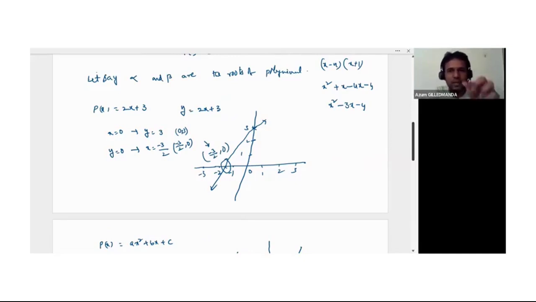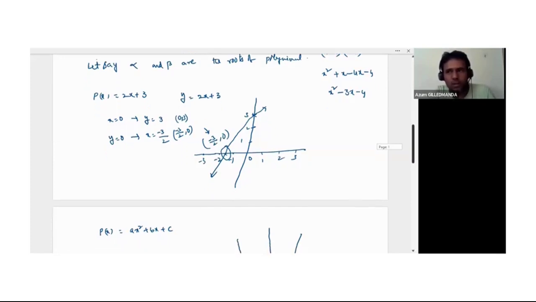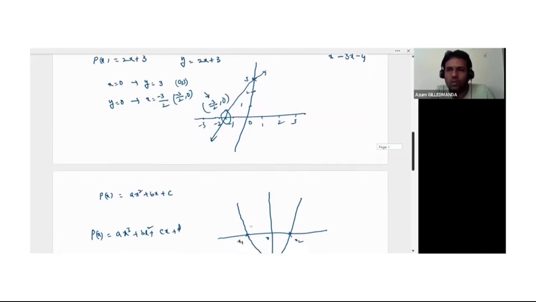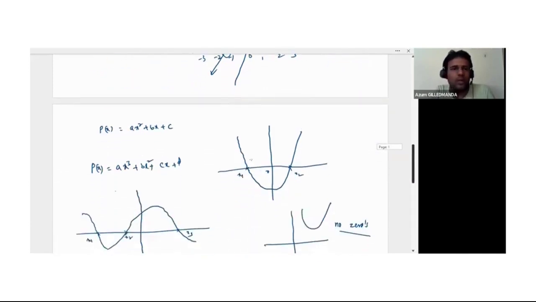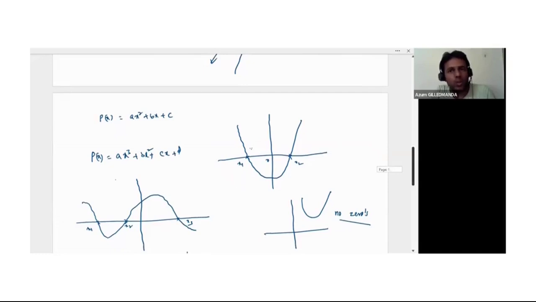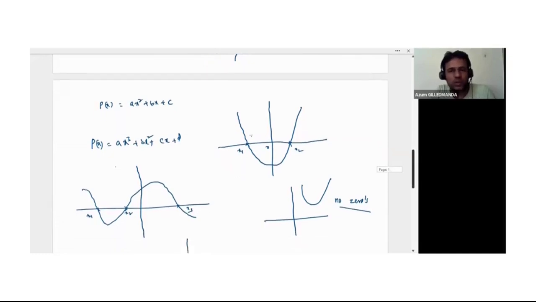If you draw the graph, the number of points at which the polynomial touches the x-axis gives the zeros of the polynomial. If we draw this for 2x plus 3, it is touching at 1 point, so 1 zero of the polynomial. If it is a quadratic polynomial, it touches at 2 points, so that means 2 zeros of that polynomial.